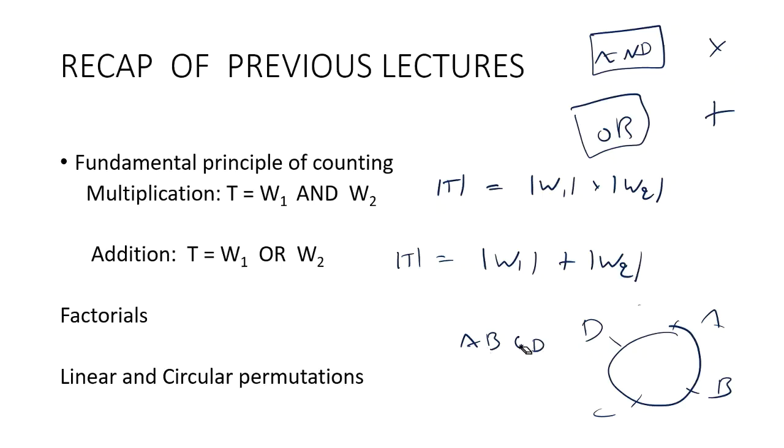So in a linear permutation, I can specify the place without referring to the other objects, whereas in a circular permutation, I cannot. In a circular permutation we need reference; in a linear permutation we don't need any reference. And a few linear permutations result in a single circular permutation.